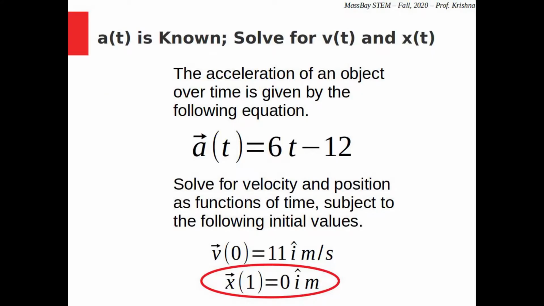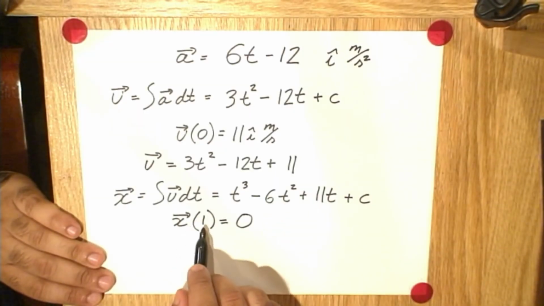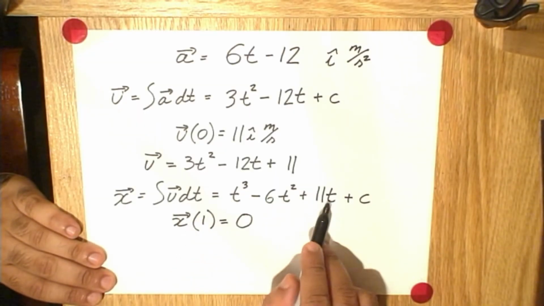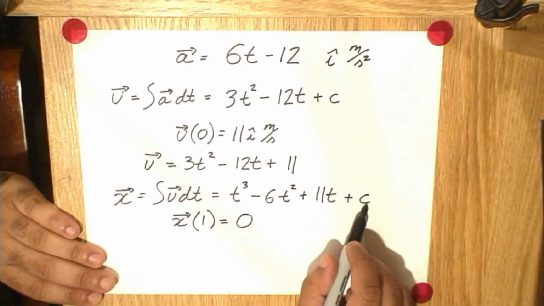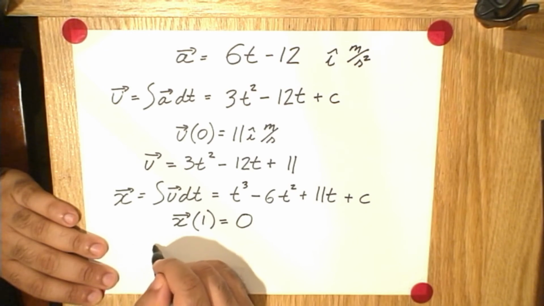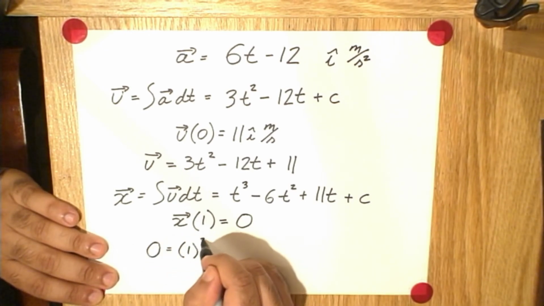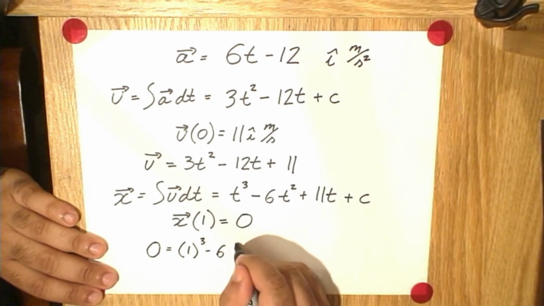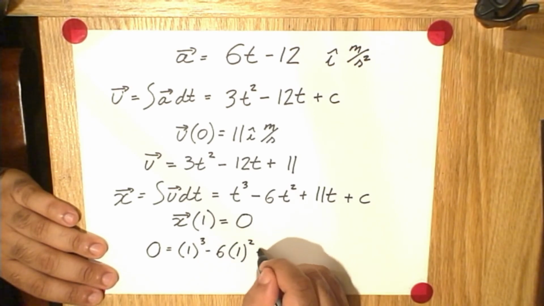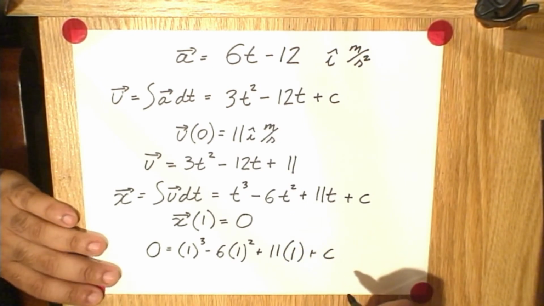The position at a time of 1 second is equal to 0. So what we'll have to do is take the value of 1, plug that in for t, and work out what c is equal to. So 0 is equal to 1 cubed minus 6 times 1 squared plus 11 times 1 plus c.